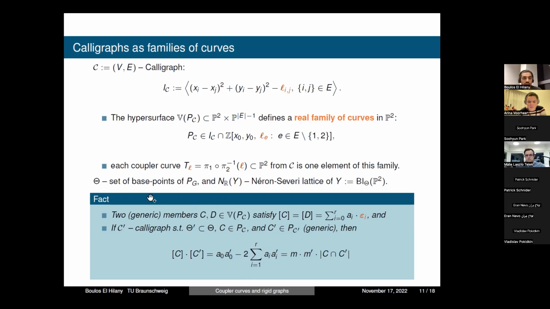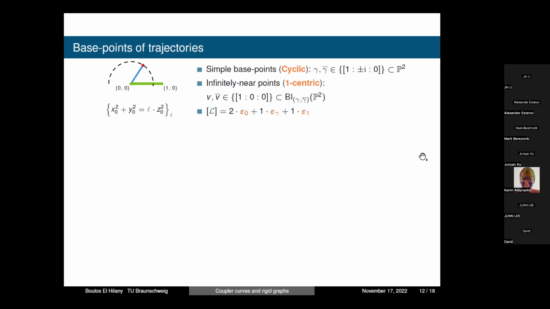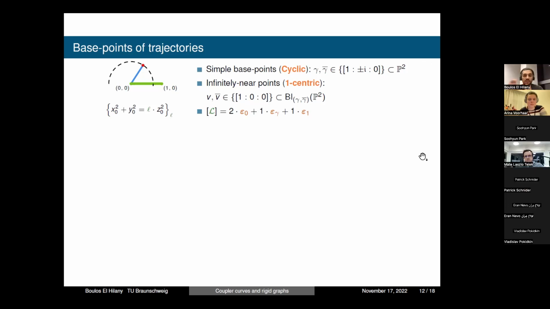So the main point here is to find the set of base points for each calligraph. Are there any questions up to now? Okay. So if we find the base points, then we can define each curve as an element inside my lattice.